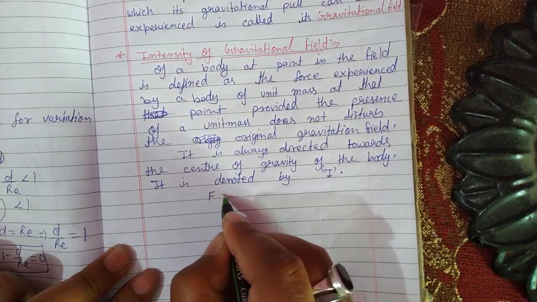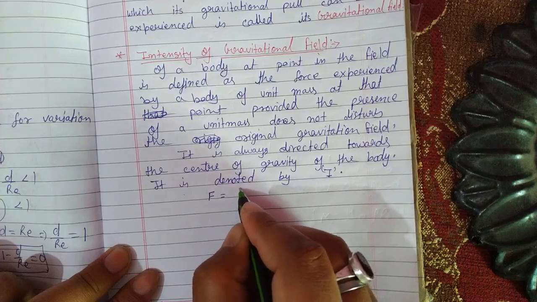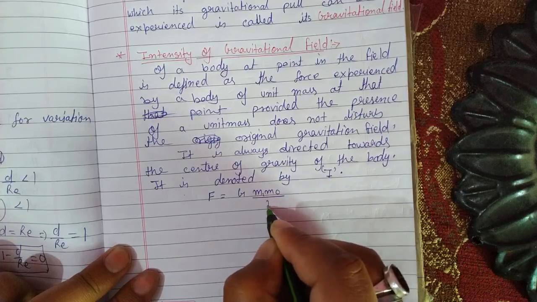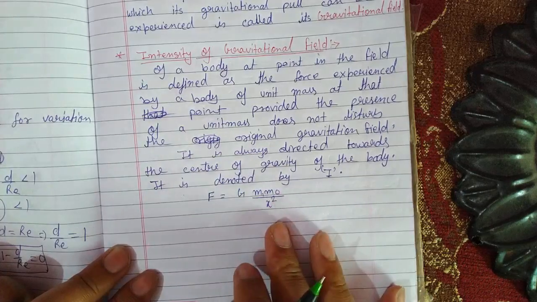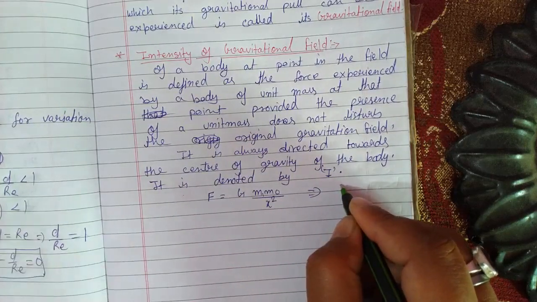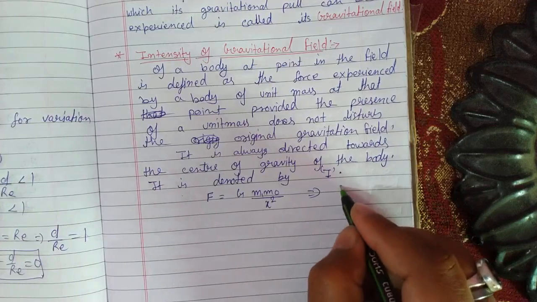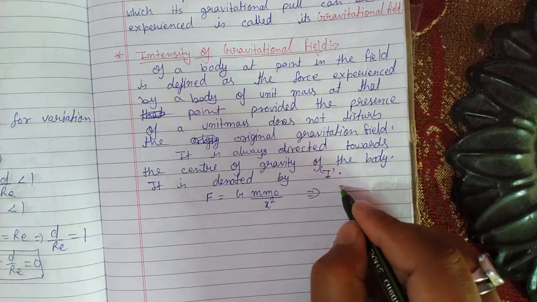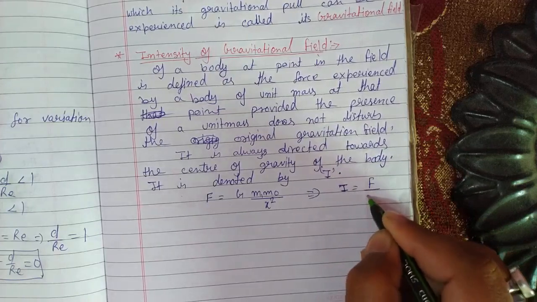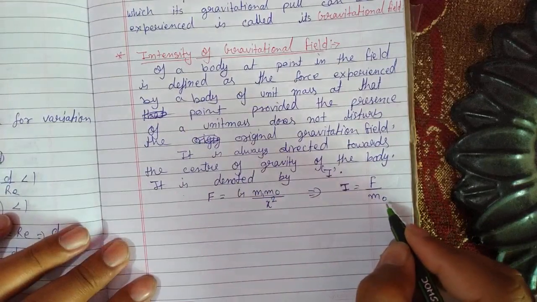the gravitational force or the pull of gravity is given by G m1 m2 upon r square, let's say x square inside the earth. And we also know that according to the theory, the intensity is the force experienced by unit mass at that location, where m naught is unit mass.